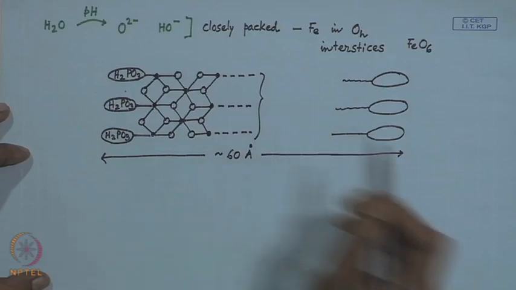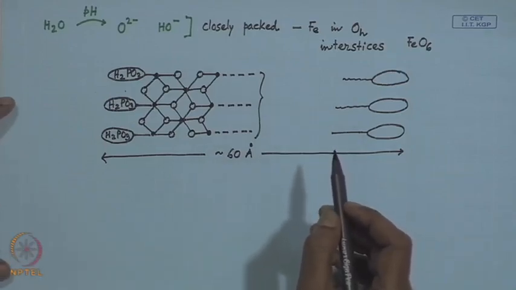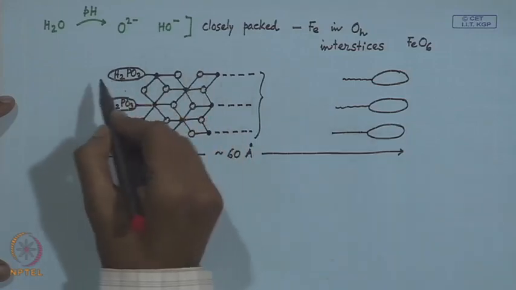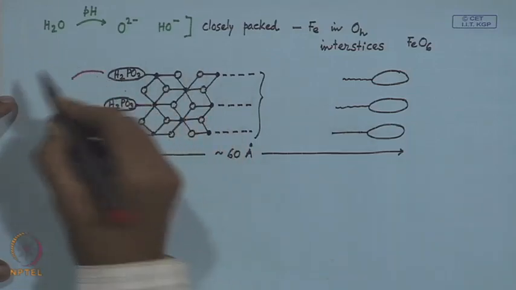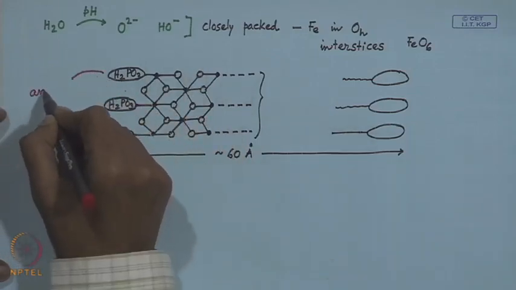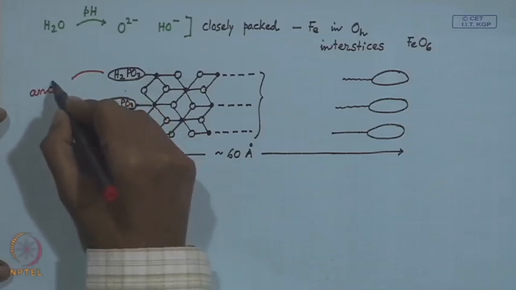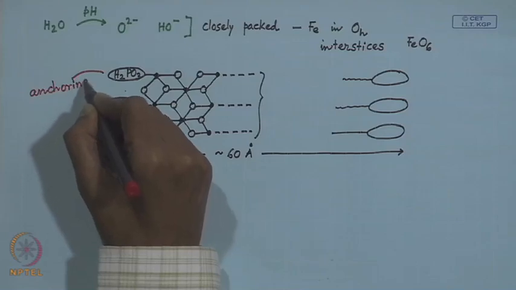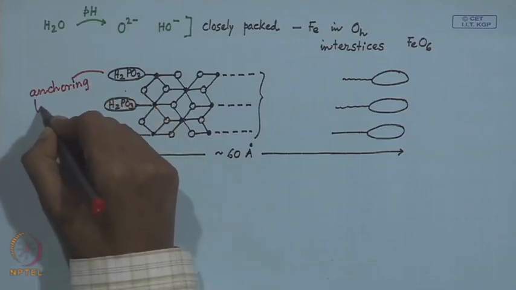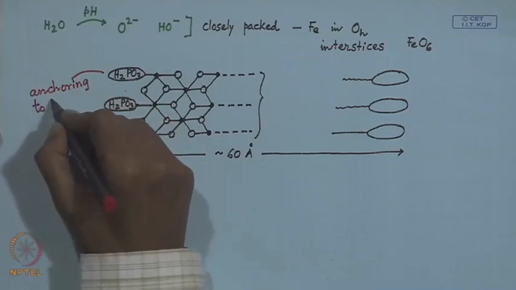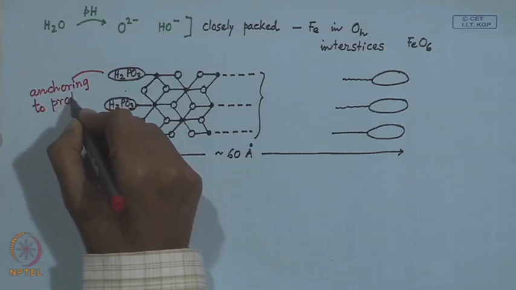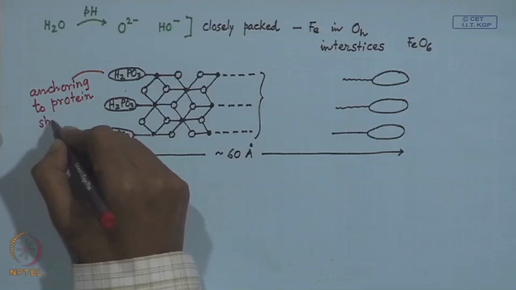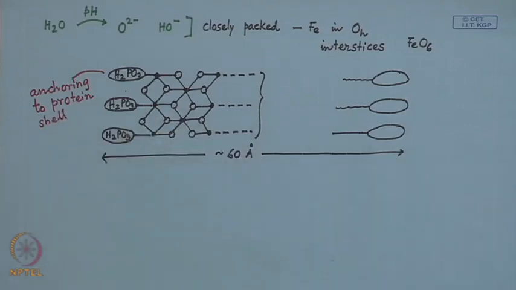So, these phosphate groups basically function to attach to the protein cell. They are basically anchoring to the protein cell.